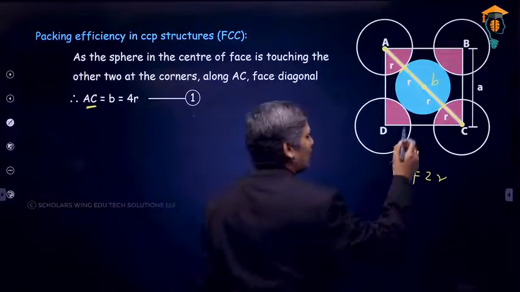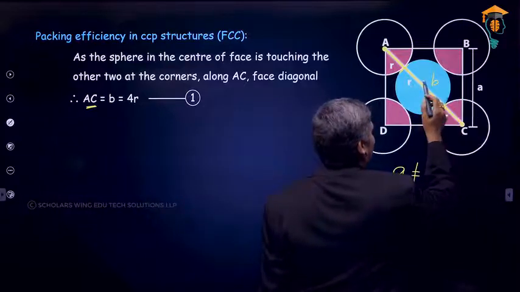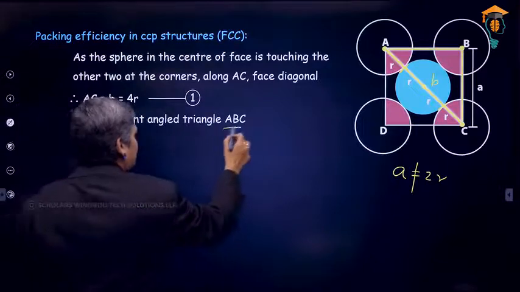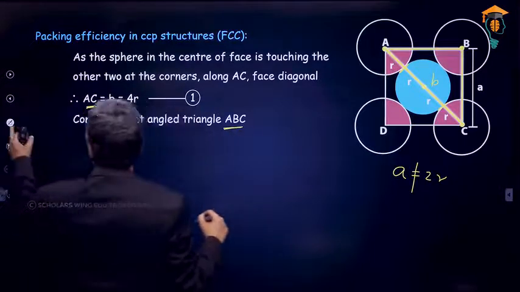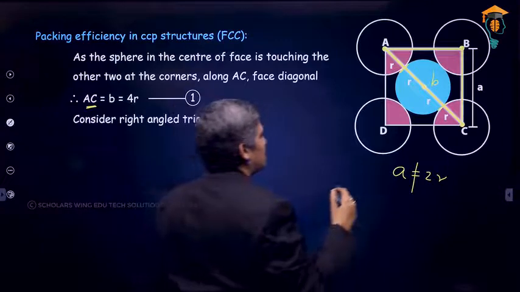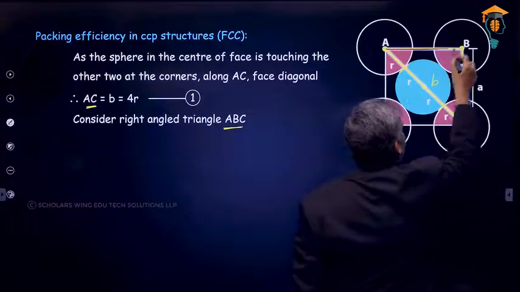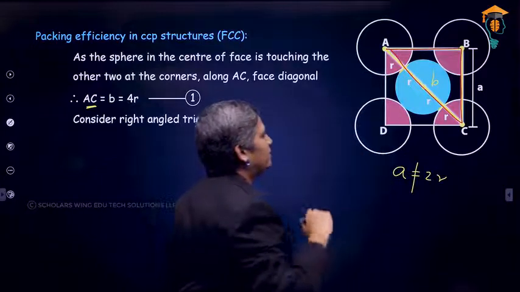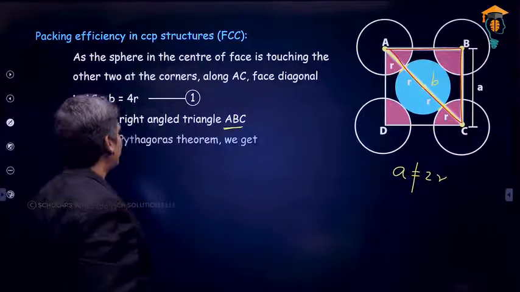To find out A, we have to now consider the triangle ABC. Look here. This is a triangle we are now considering, ABC. Once again applying Pythagoras theorem because it's a right angle triangle.